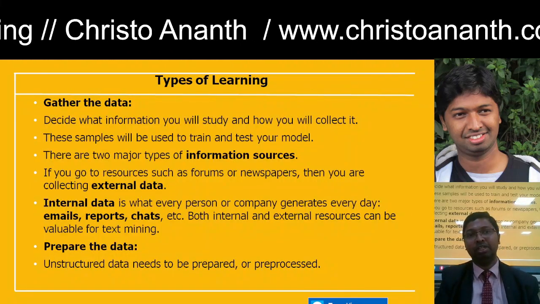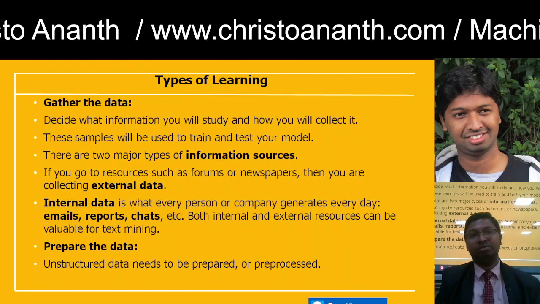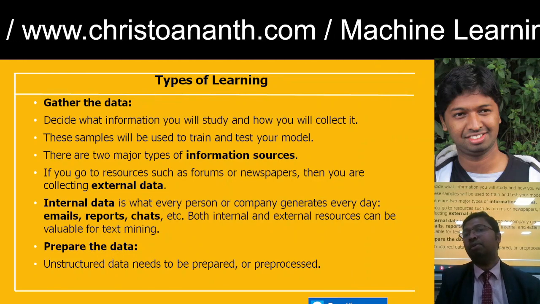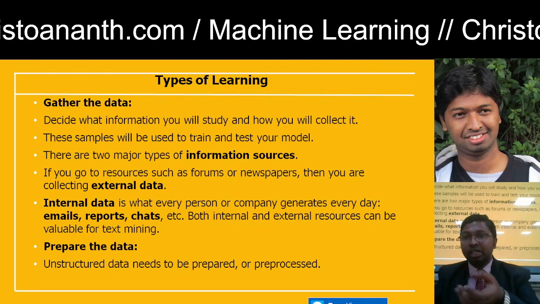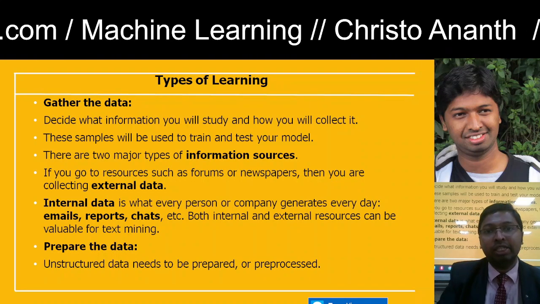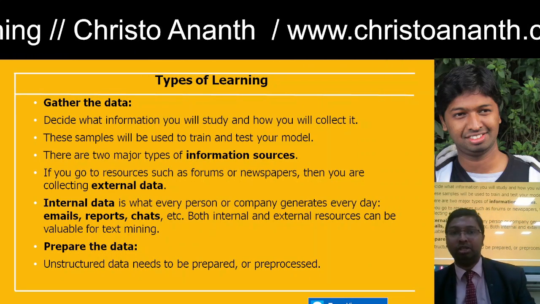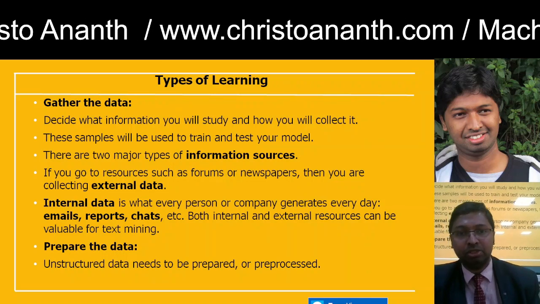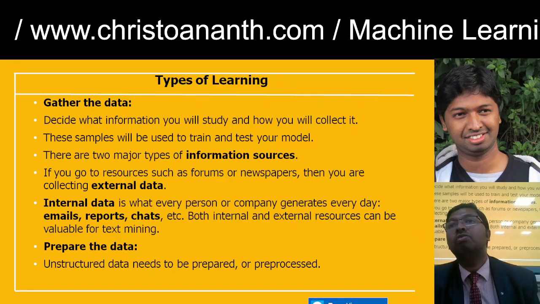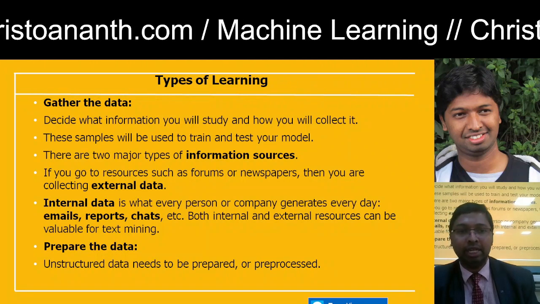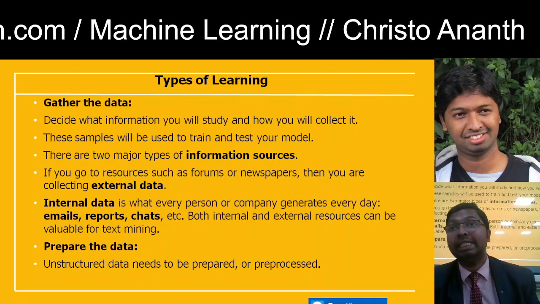So these are the types of learning. We gather the data. So you decide what information you will study and what information you collected. Then the samples will be used to train and then test your model. There are two types of information sources. In the case of forums or newspapers, they are considered to be collecting the external data.